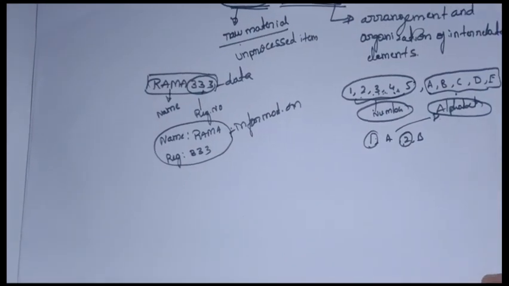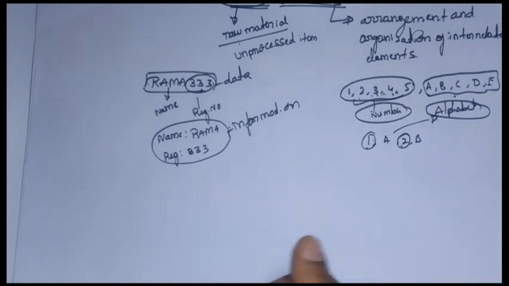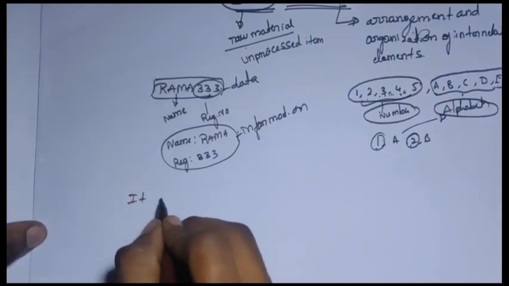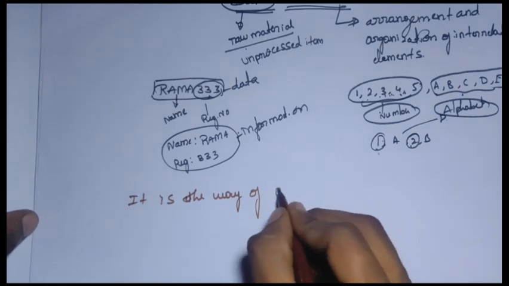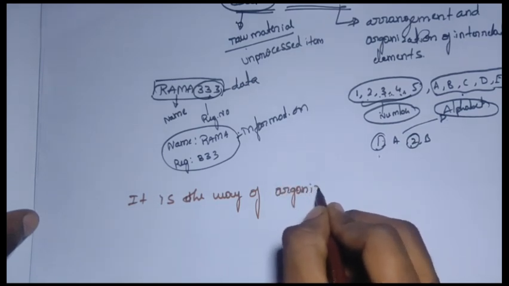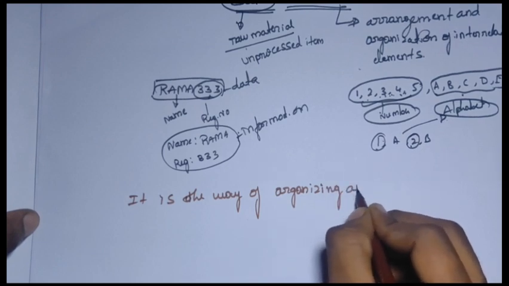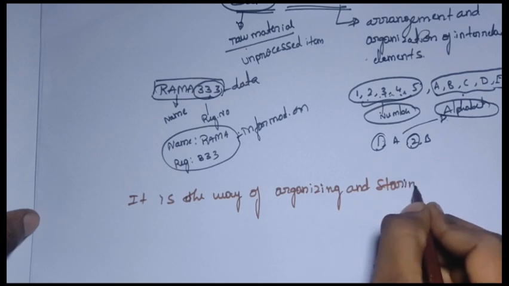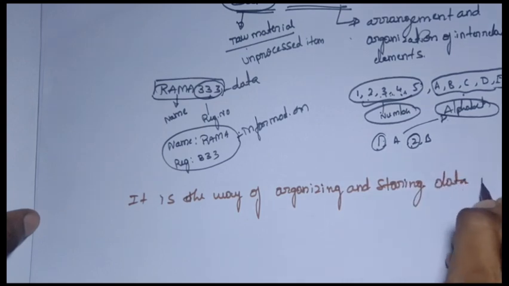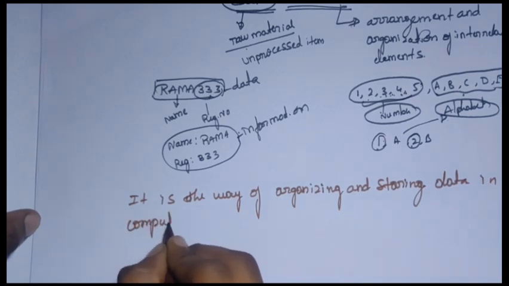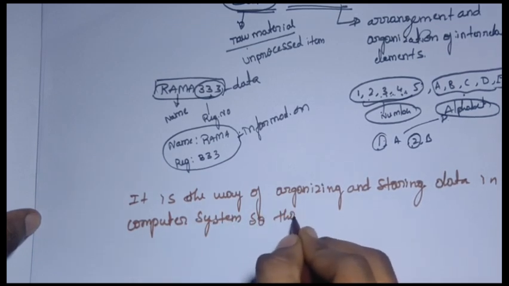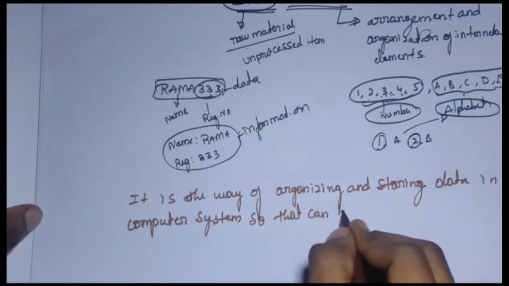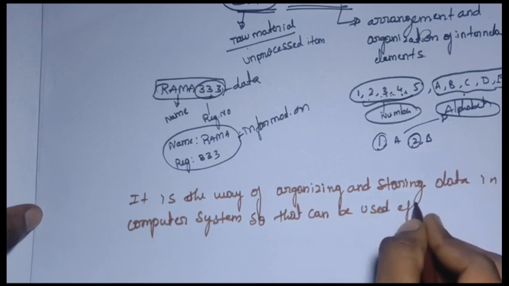Data structure is nothing but a representation of data along with its associated operations. So in simple words you can define that it is the way of organizing and storing data in a computer system so that it can be used efficiently.